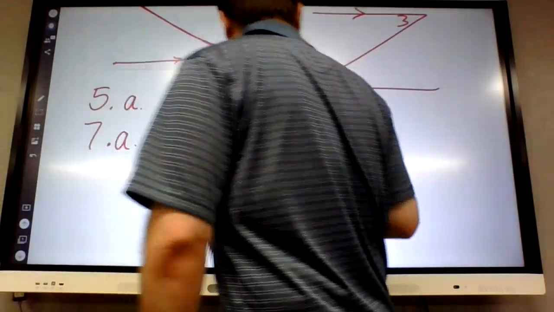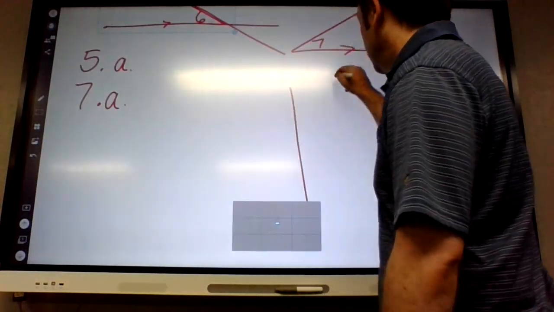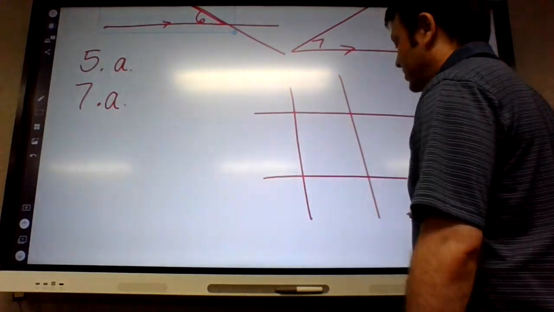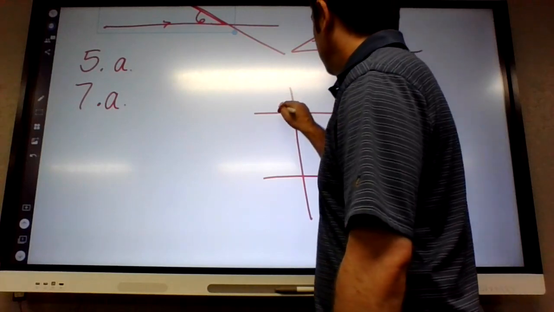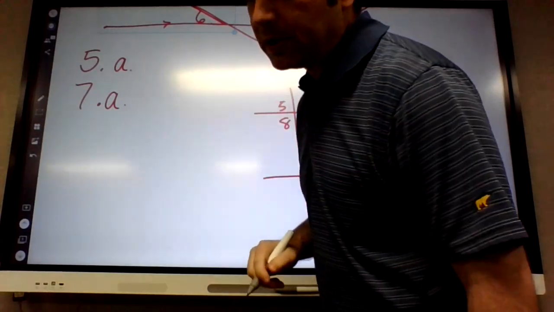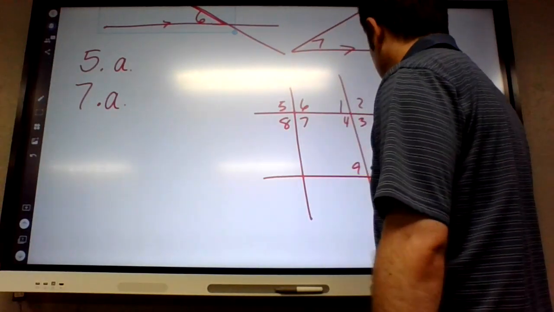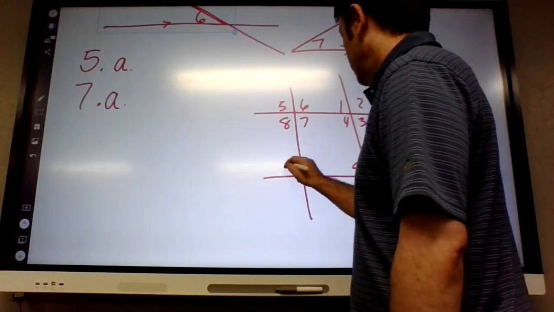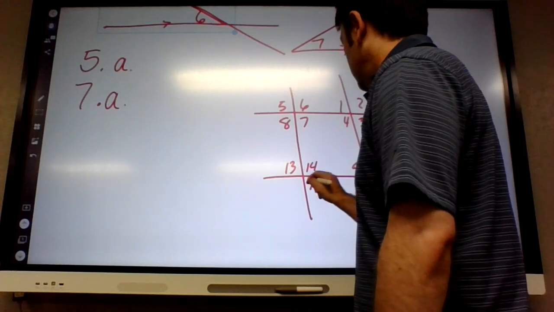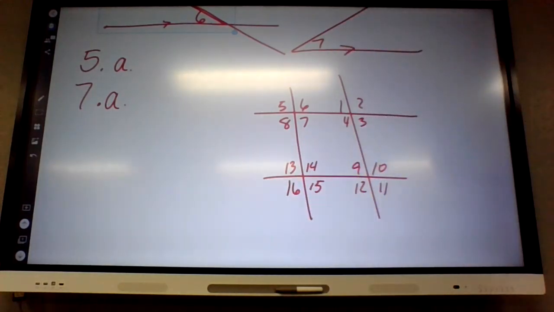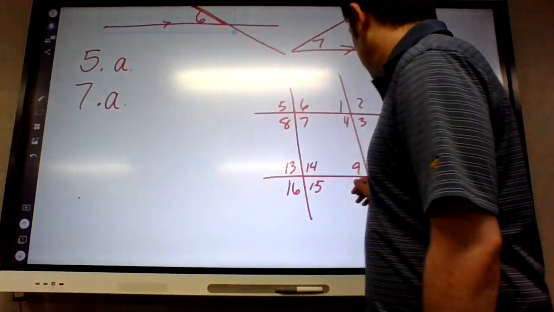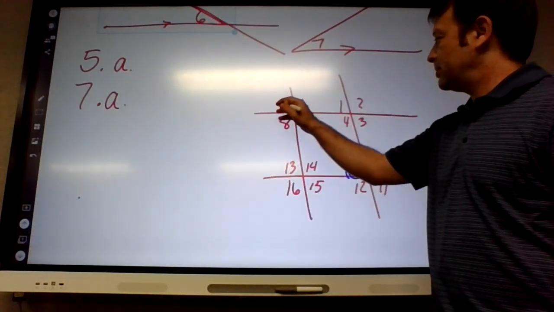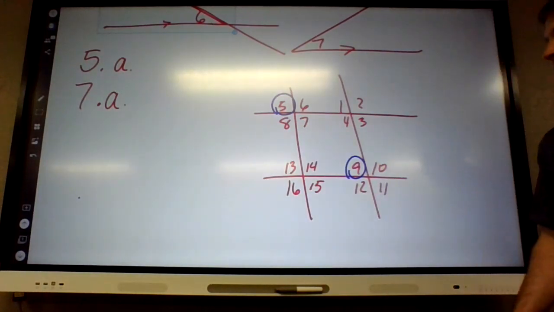Okay. Before we jump into number 9, I'm going to chat a little bit about it. Let's see, it goes 1, 2, 3, 4. Now, let's say that I knew angle 9 and angle 5 were the same.